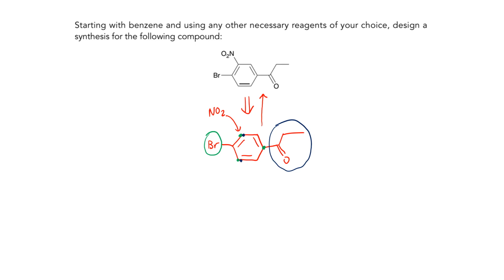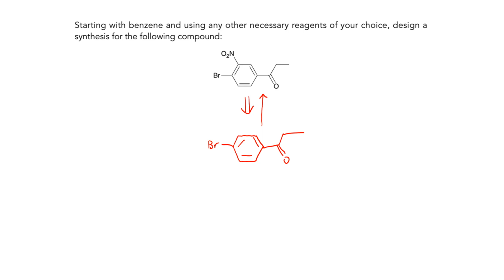So this seems like a pretty useful retrosynthetic strategy, right? Is to just go from here. Let me get my benzene ring back. Oop, wrong color. All right, so bottom line is we're going to add the nitro group last, okay?